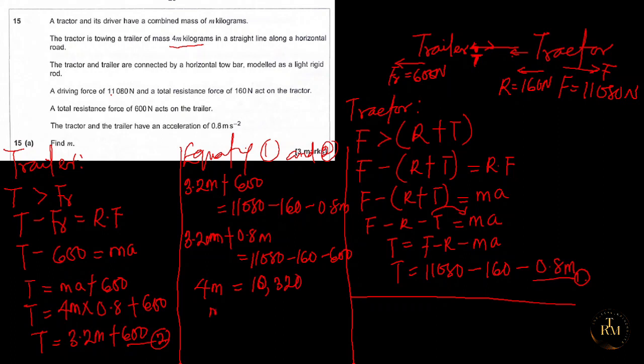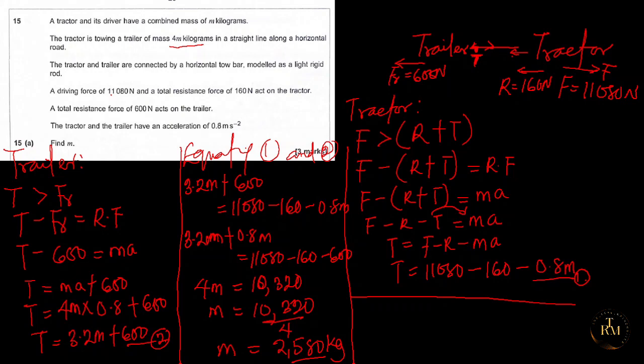So the mass now becomes 10,320 divided by 4, which gives the mass to be 2,580 kilograms. That will be the mass of the tractor and its driver combined.